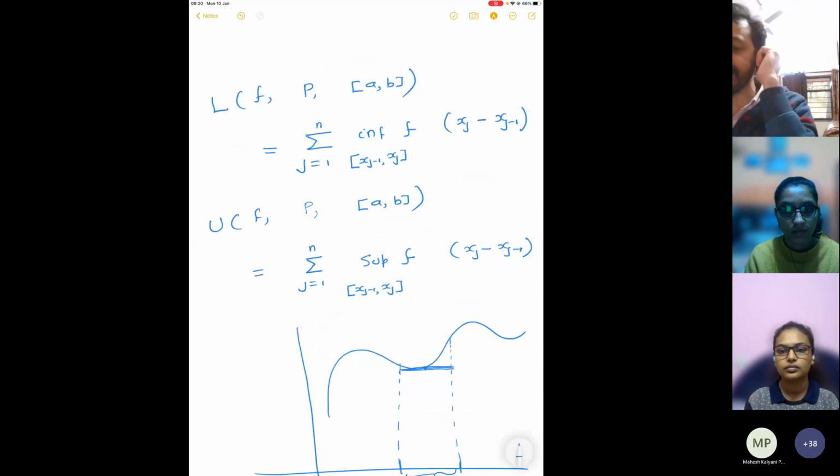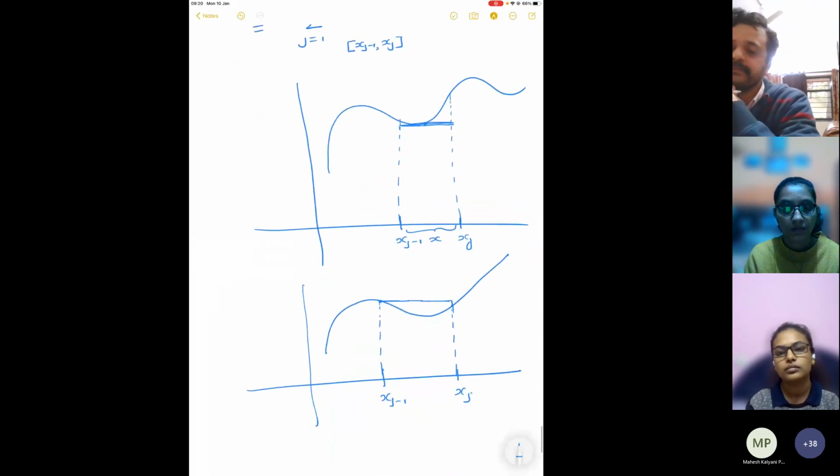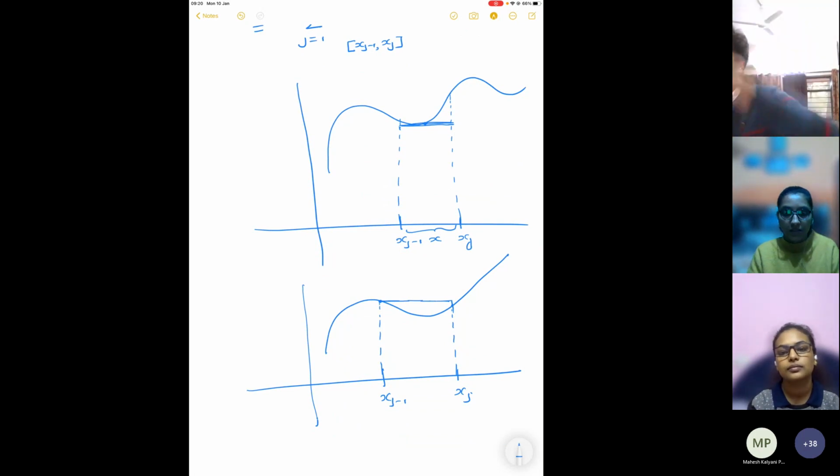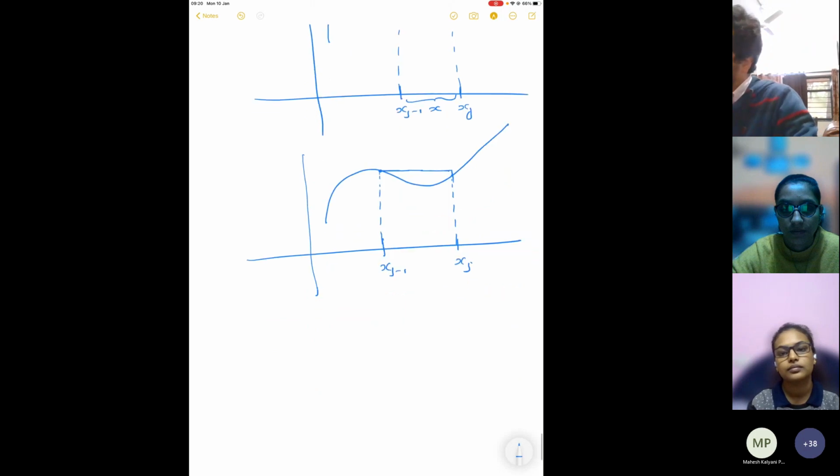If I consider the lower Riemann sum, the lower Riemann sum is always less than the area under the curve. Intuitively, right? And the upper Riemann sum is more than the area under the curve. Okay.